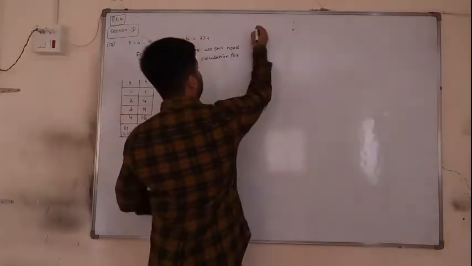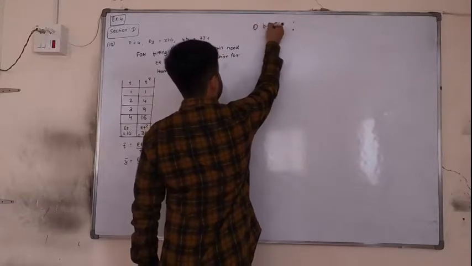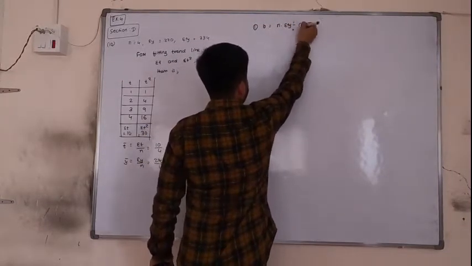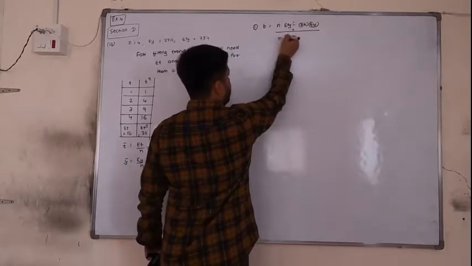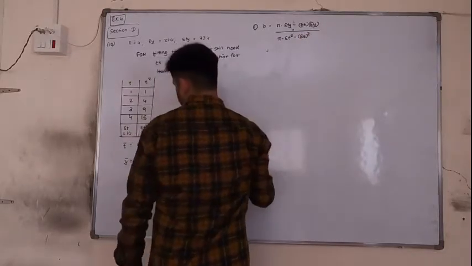Now we can start the trend line's first step, that is b is equal to n into sigma ty minus sigma t multiplied by sigma y, divided by n into sigma t square minus sigma t whole square.